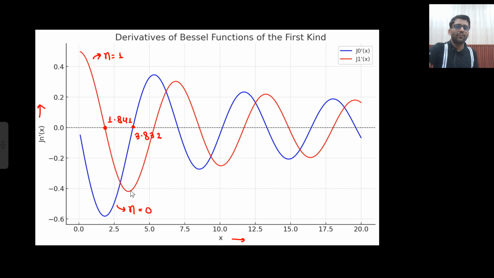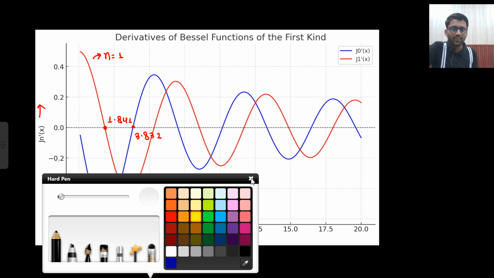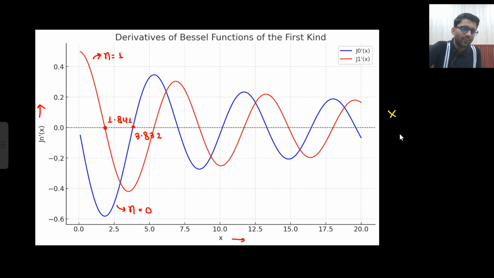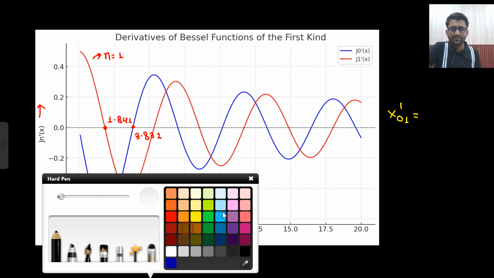So this is the graph of the derivative of Bessel's function. You don't need to mug it up. This is for n equals 1, and this is for n equals 0. Now from this graph, we have only written the first zero. So let me ask you, what is the value of x dash 0, 1? How will you read it?